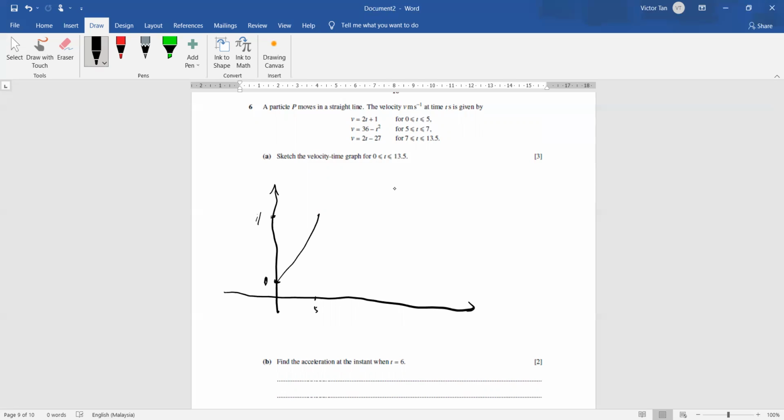Okay, straight line. 36 minus t square is a quadratic function with negative maximum. So when t is 7, v is, oh okay, it's at the bottom already. t is 7, 36 minus 7 square, or minus 49, minus 13. So this one, the graph will go downwards, minus.